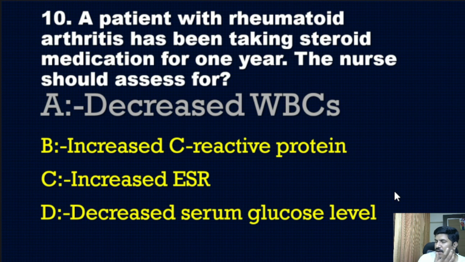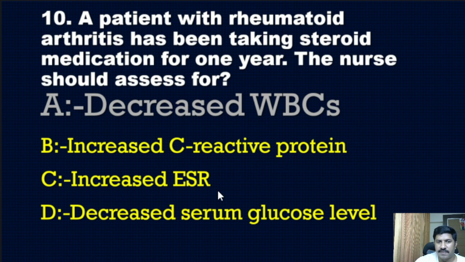Due to long therapy with steroid medication, it will lead to immunosuppression. That we can see in the blood report as decreased WBC count. Increased C-reactive protein is usually seen in the case of infection.